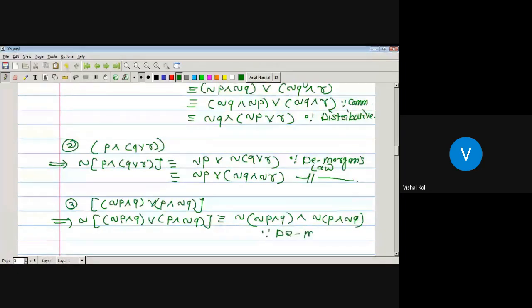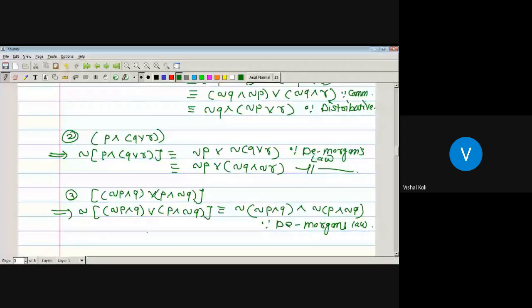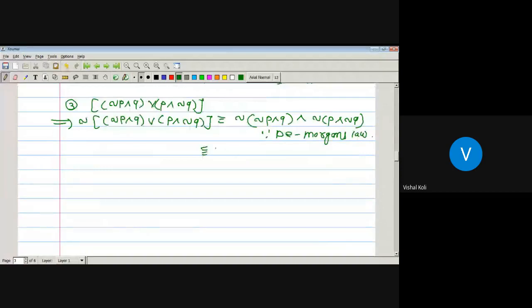Again apply De Morgan's law on these two statements. Negation of P and Q is nothing but negation of P, which is P itself. So it is nothing but P and R, and negation of Q and negation of P as it is, and negation of negation of Q is Q itself. So this will be the negation of the given statement.